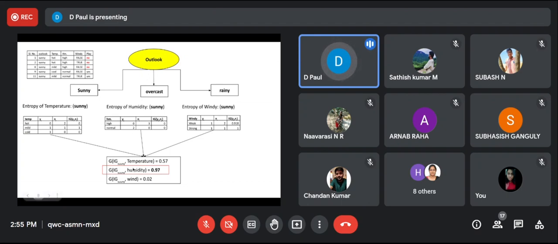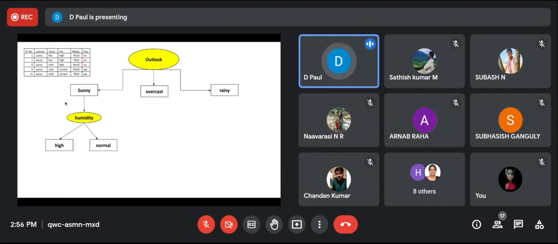Then we get the gain, and humidity is the highest. So the branch under sunny will be humidity. Under humidity we have two subsets, high and normal. Under high and normal, we have yes or no. If it is high, it is only no, and if it is normal, then yes. So that is the end, the leaf node.